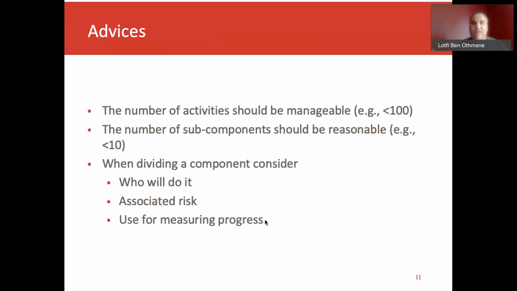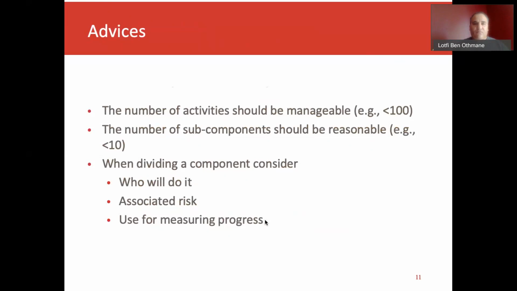So when dividing the components, we should think about who will do it. If you have an activity at a lower level, it needs to be done by one member. If you need the whole team to work on the same activity, then we break the rule of assigning responsibility for tasks, and we do not have a way to ensure that the task will be done.